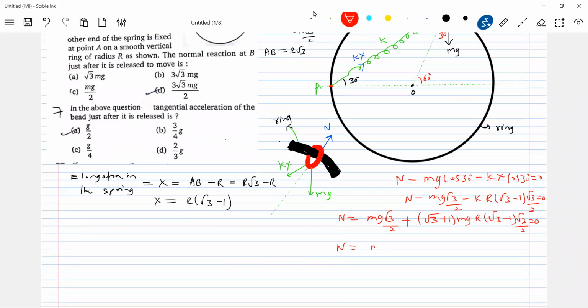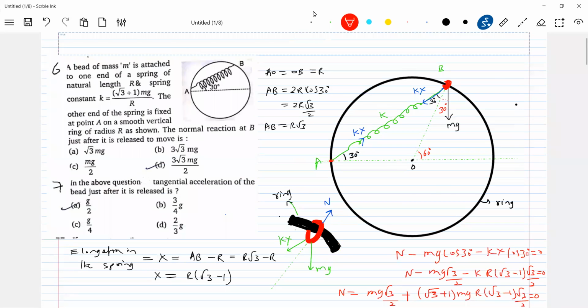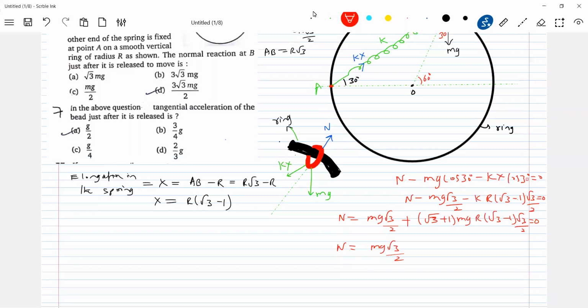So mg root 3 by 2... mg by R, no? This is mg by R. Oh yeah, R gets cancelled.